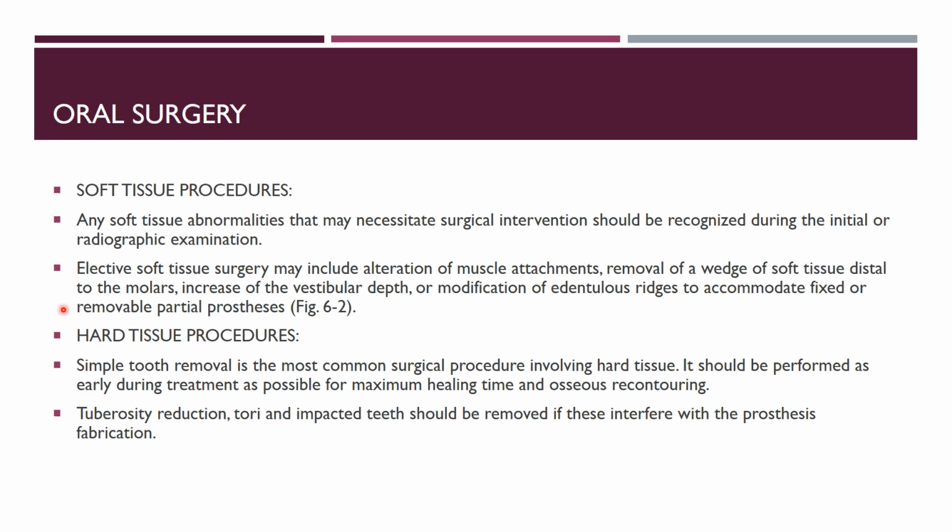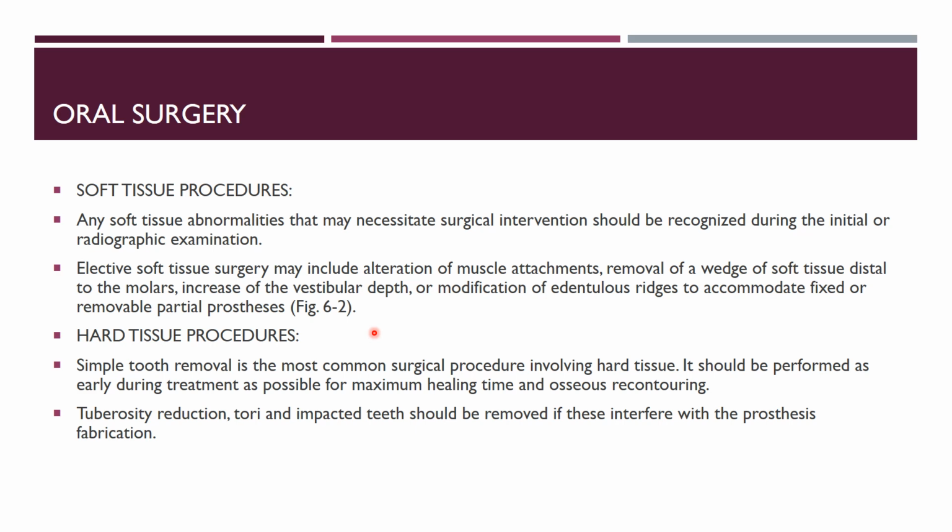If required, elective soft tissue surgery may be done to alter any muscle attachments, removal of any wedge of soft tissue, or any modification of the edentulous ridges to afford accommodation of fixed or removable partial prosthesis.